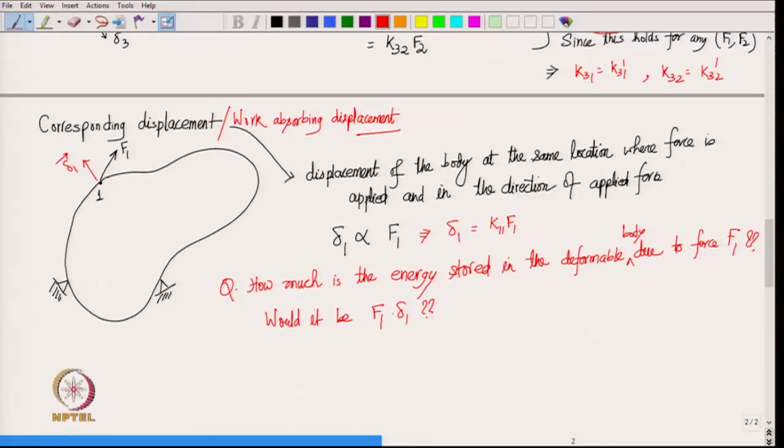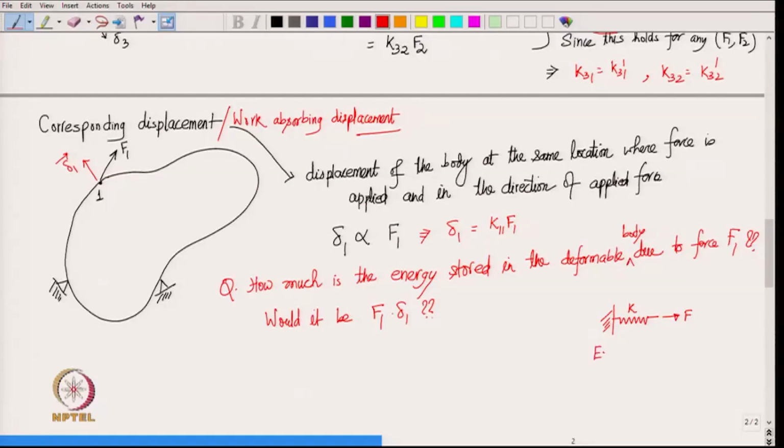So, think of your spring problem. Whenever you have a spring with spring constant K and you apply a force, suppose F, to the spring, then how much is the energy stored in the spring? The energy stored is always half of k x square, right.